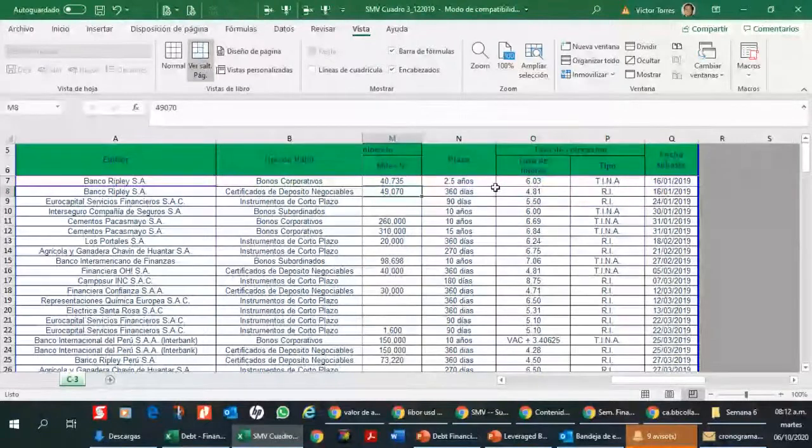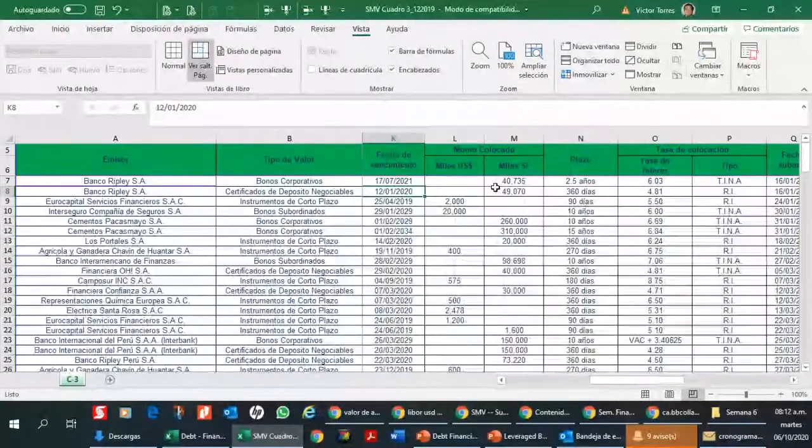When you see these short-term instruments, instrumento de corto plazo, that's a typical one. You obviously know that it's less than 1 year. Certificado de depósito negociable is an instrument that is normally issued only by financial institutions, right? And it's usually short term, that you're going to be seeing.